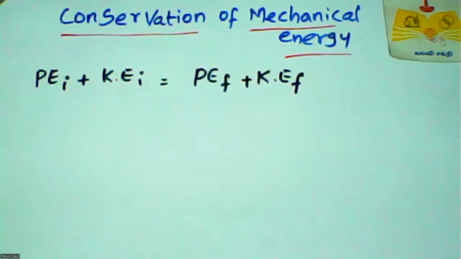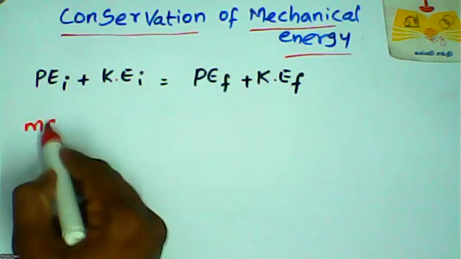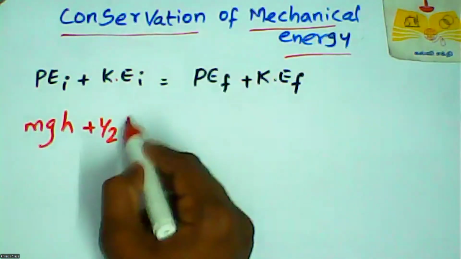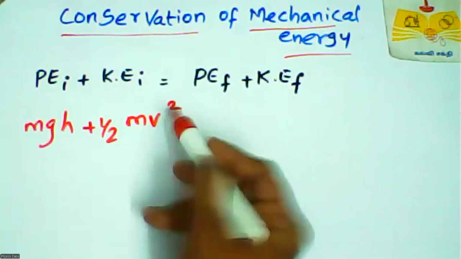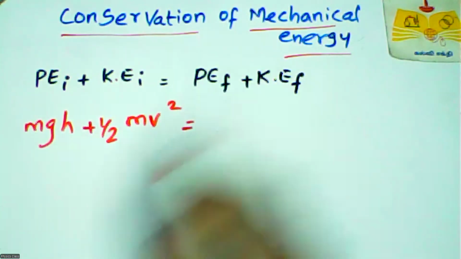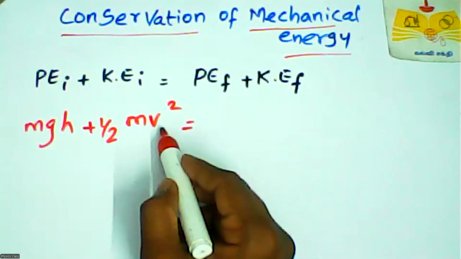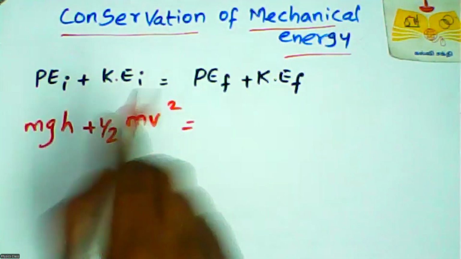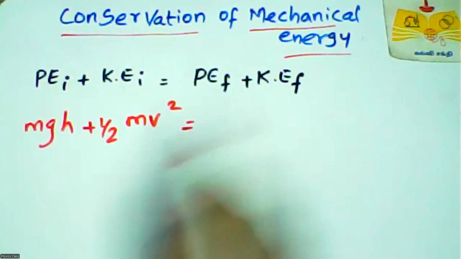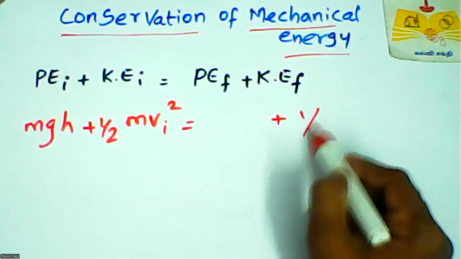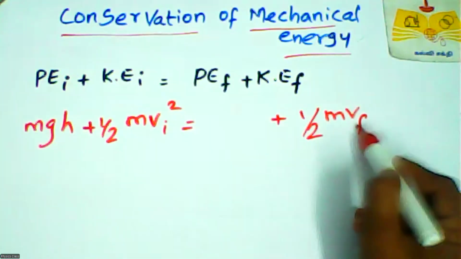So we know that mgh and half mv square. Here also, the ball has an initial speed and a final speed, so half m v i square, and here also half m v f square.